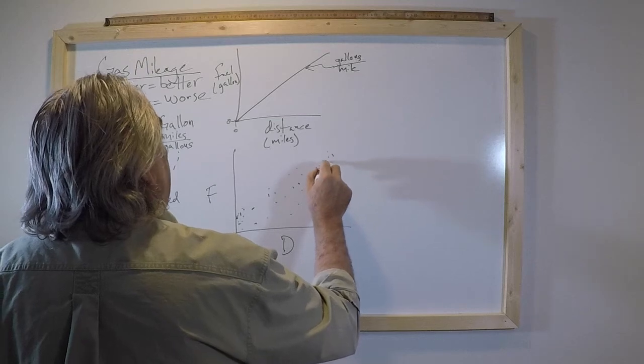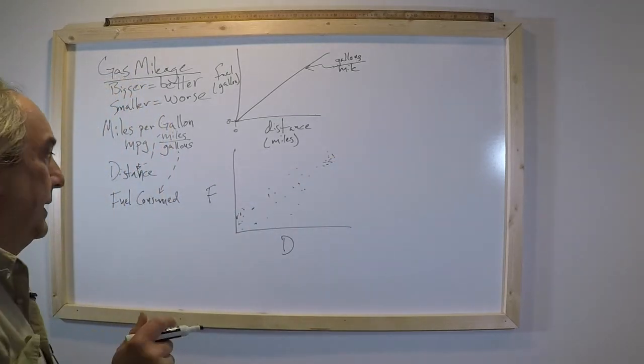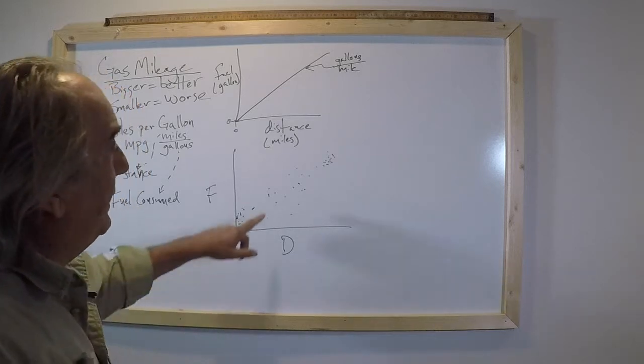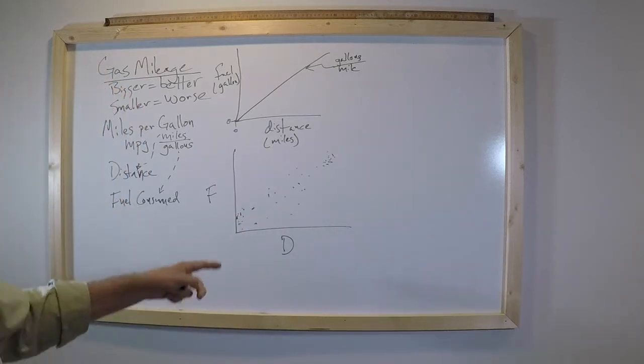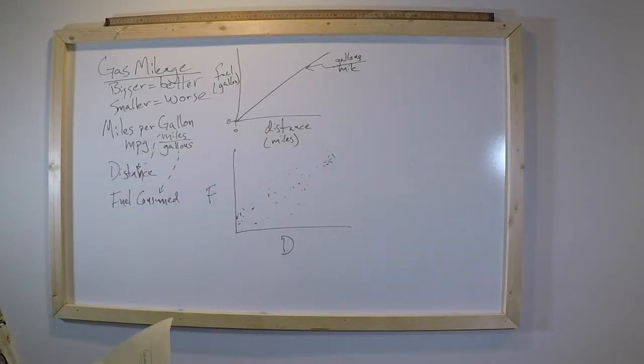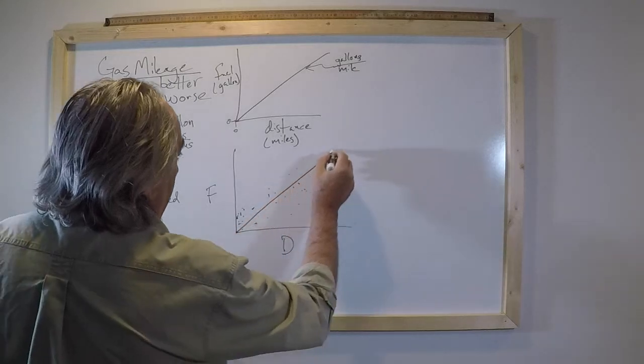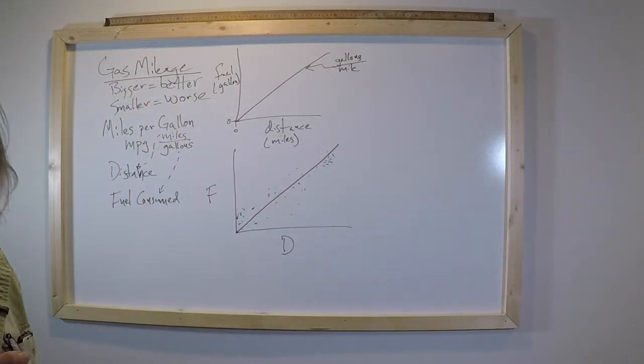And when we get out here going far, they probably cluster a little bit more, and I'll talk about that in a minute. But the point here, of course, is that this is not a nice straight line. We can, of course, draw a line through this, and that is our model.